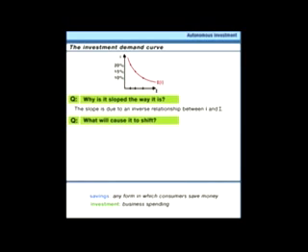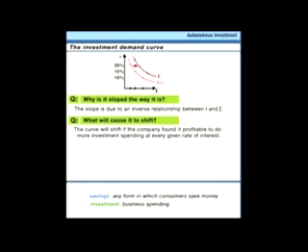The curve would shift anytime businesses find it profitable to do more investment spending at any given rate of interest. So what would cause that? What would cause businesses to decide they wanted to invest in more projects at any given rate of interest? What would cause projects that weren't previously profitable at 20% to suddenly make sense for the business and suddenly be profitable?